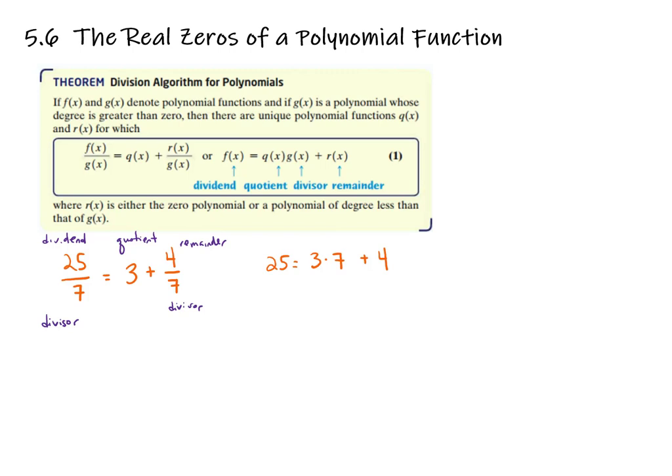And so hopefully these pieces make sense to you when you see f of x divided by g of x. That's the dividend divided by the divisor. You end up with the quotient q of x, plus r of x, r for remainder, over g of x. So what does this mean? Well, this is just a way to say if I have a polynomial and I divide it by another polynomial, certain things will happen.